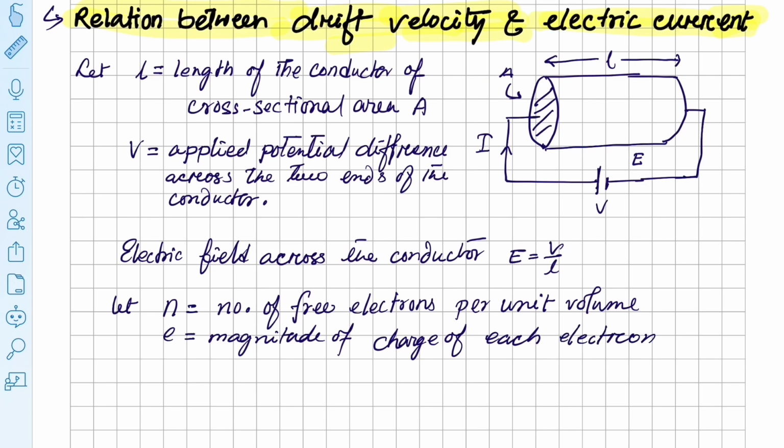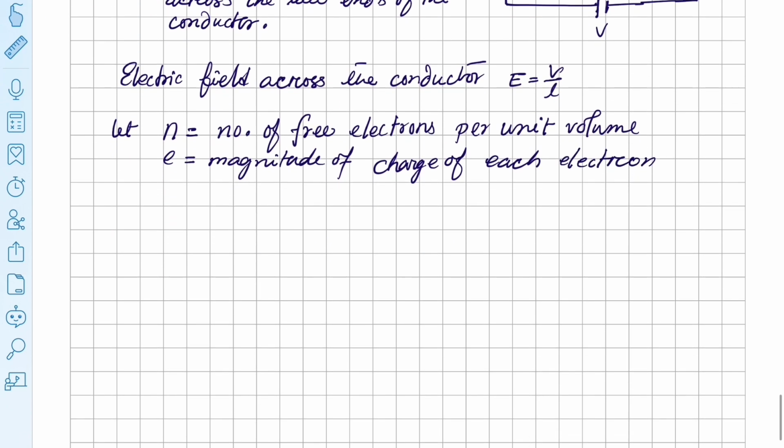First let me find the total number of free electrons in this conductor. That will be given by the volume of this conductor times the number of free electrons per unit volume. Let me scroll down the page.